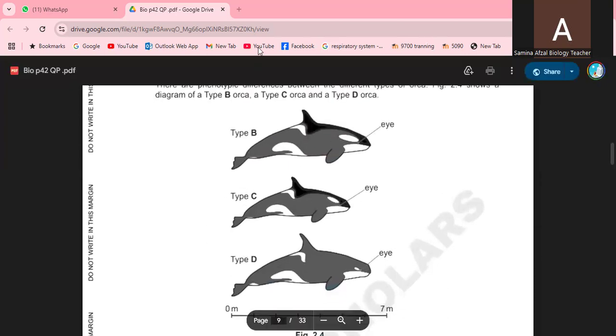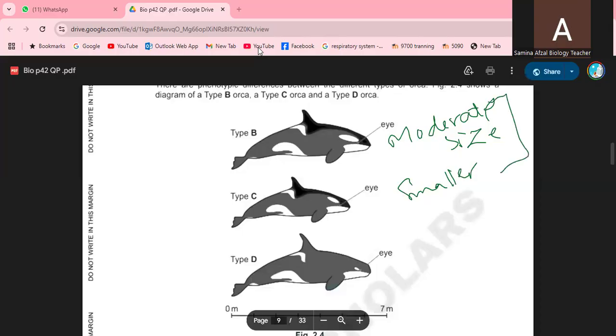Let me write over here: moderate size, smaller, but both of them are similar in color pattern.